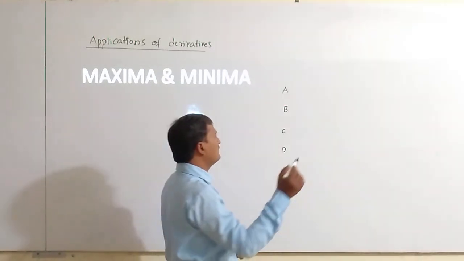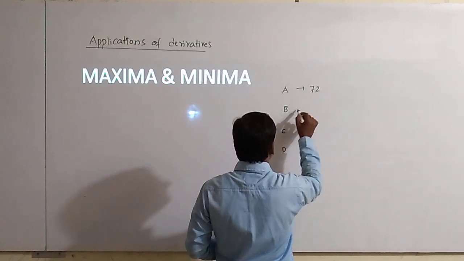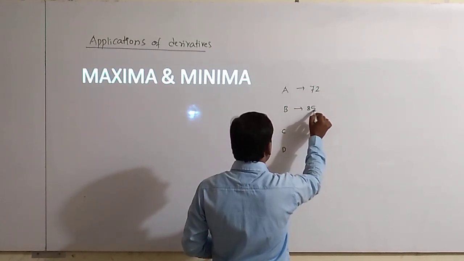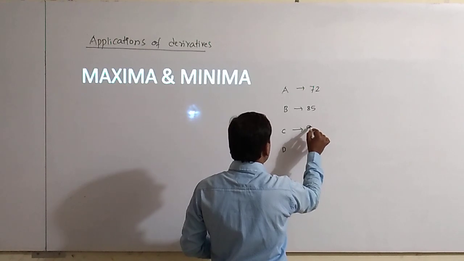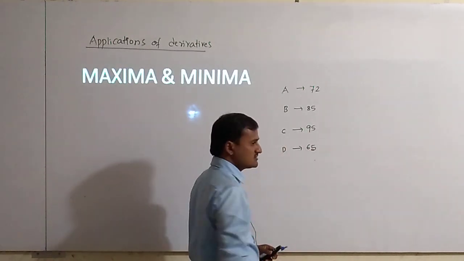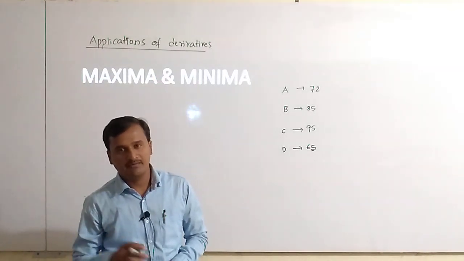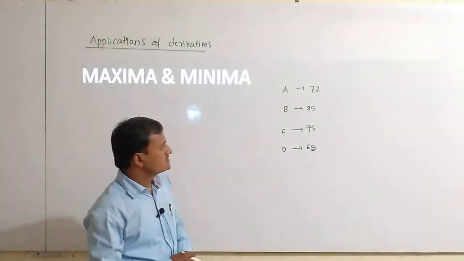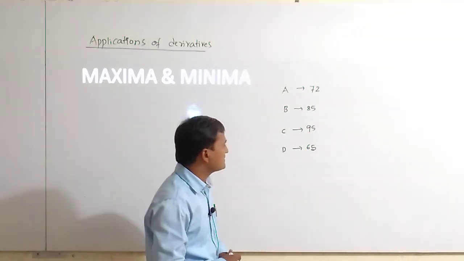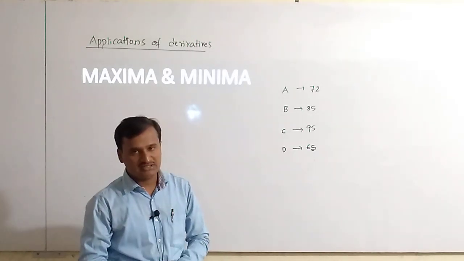They are having the marks in mathematics: A has 72 marks, B has 85 marks, C has 95 marks, and D has 65 marks out of 100 in mathematics, right? So now let us compare the marks of all these four students.